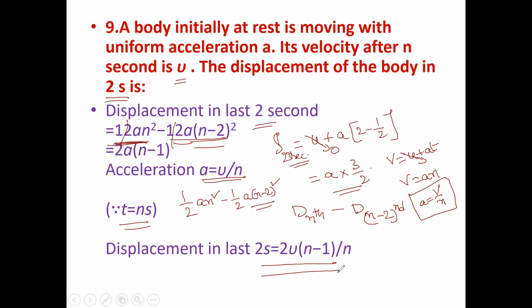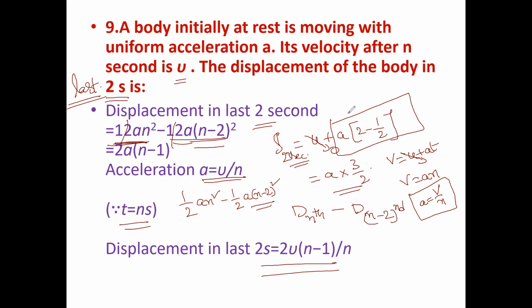Okay, the displacement in the last 2 seconds is what they asked. Displacement of the body in last 2 seconds is what you have to give. This is a simple workout. It's not a big thing. If they ask you for the last 2 seconds, this is how you can calculate.